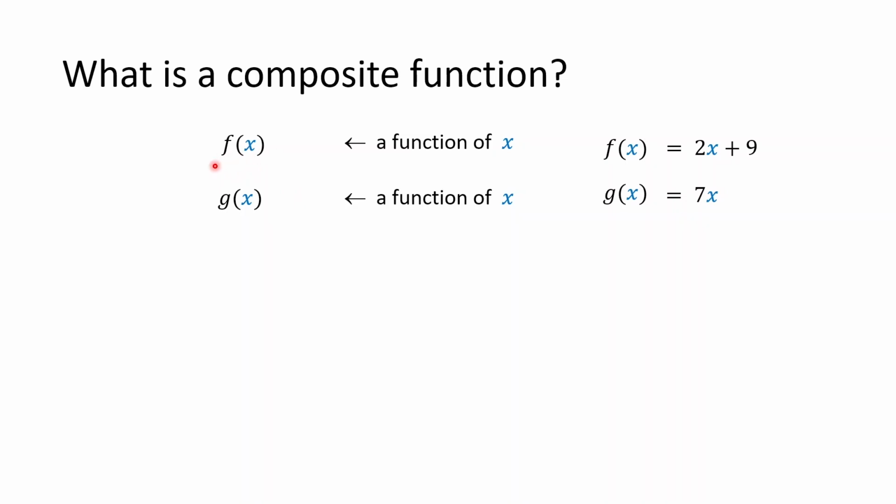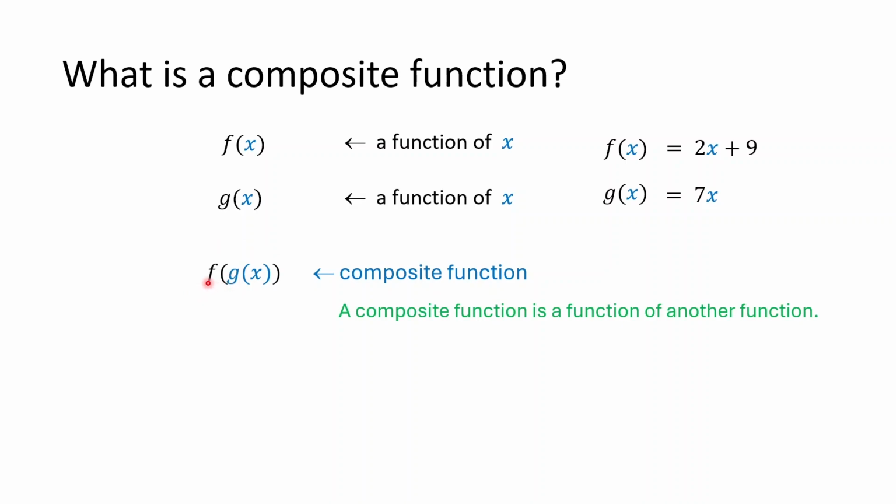Next, I am taking this function and inside I am putting this function. This is called a composite function. So a composite function is a function of another function. We write this as f, a small circle, g parenthesis of x.